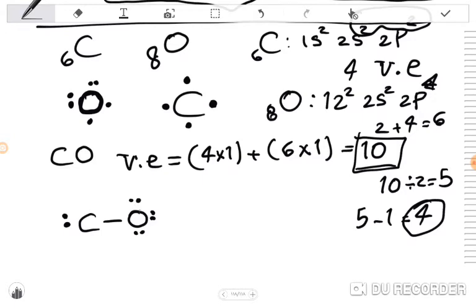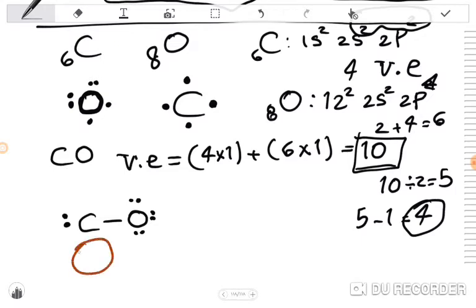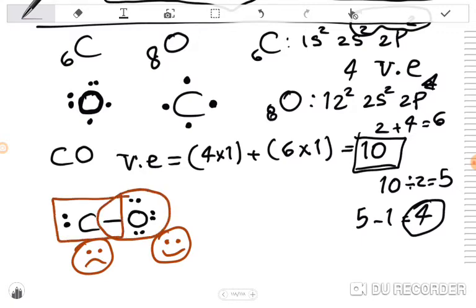We have a problem here. I change color. Why? The carbon is angry, excuse me, but oxygen is glad, is happy. Why? The oxygen is octet, but carbon is not octet.